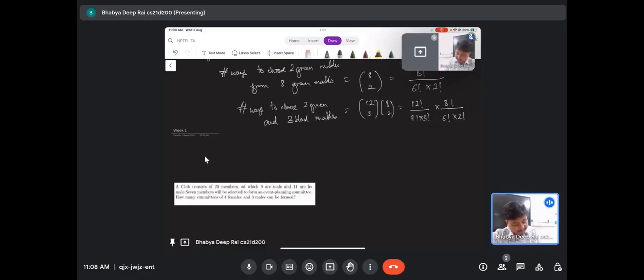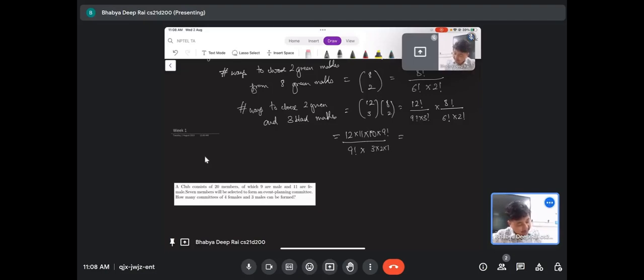So now what do we have? This is nothing but 12 times 11 times 10 times 9 factorial divided by 9 factorial times 3 factorial, which is 3 times 2 times 1.